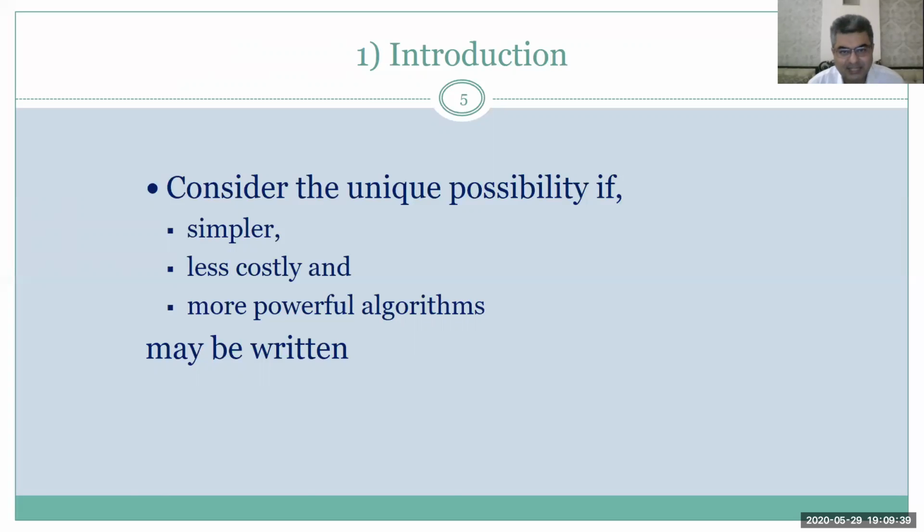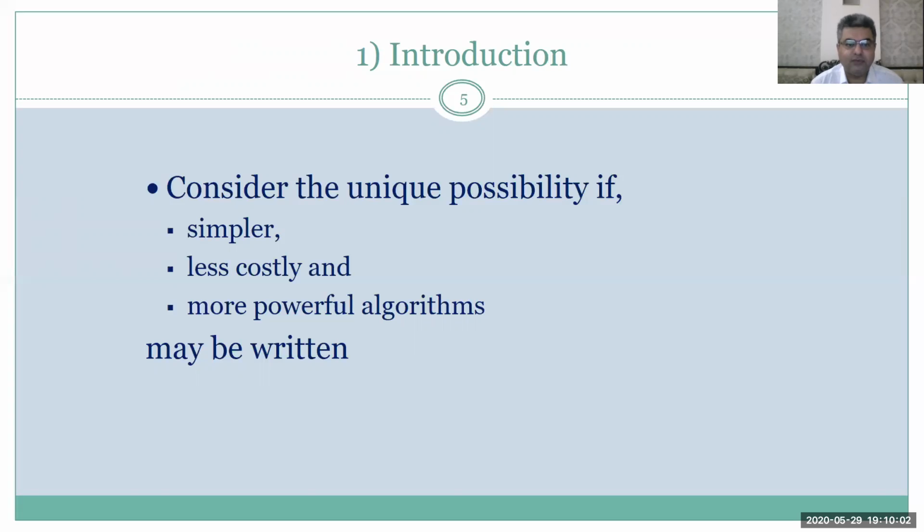Now, consider the unique possibility if simpler, less costly, and more powerful algorithms may be written. When we talk about simpler, we say that the code is easy to run, easy to use, shorter and simpler to implement.